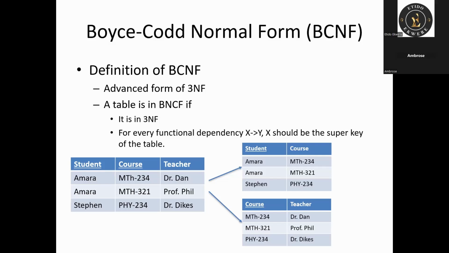The student and course columns are related, because they form the main key of the table. But the teacher column can exist there because it relates to both of them: a teacher teaches a course for the student. So we could break that into a student-course table and a course-teacher table, and we have that perfectly in BCNF, the Boyce-Codd normal form level.